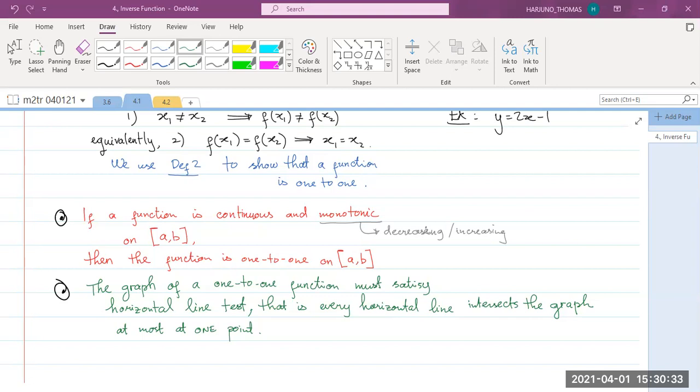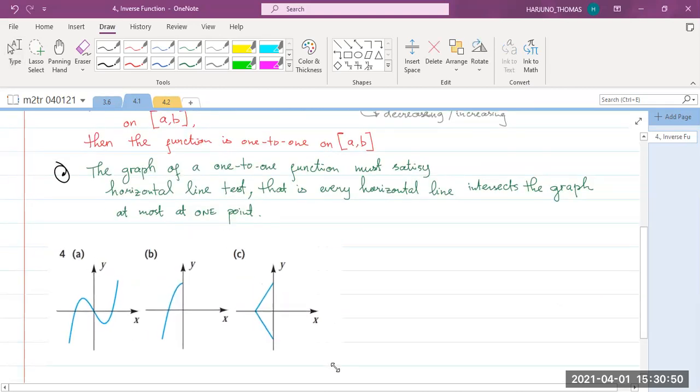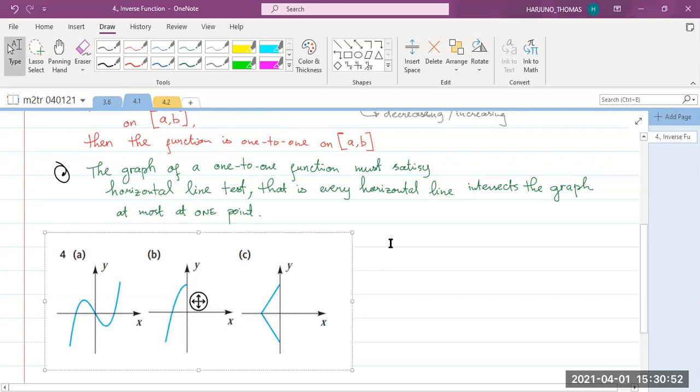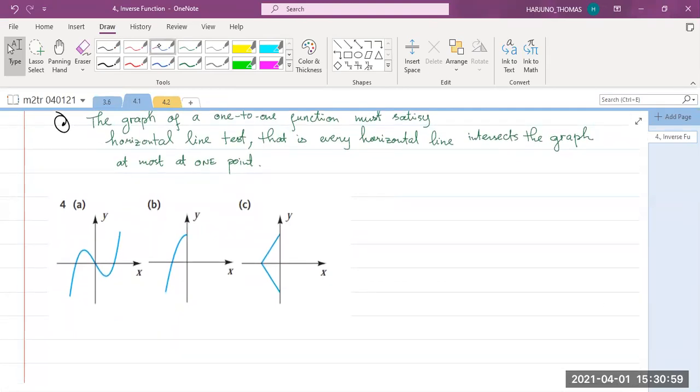Number 4. We see number 4 here. We have A, B, C. Which of these graphs is a function? Let's start with function. Is 4a a function?